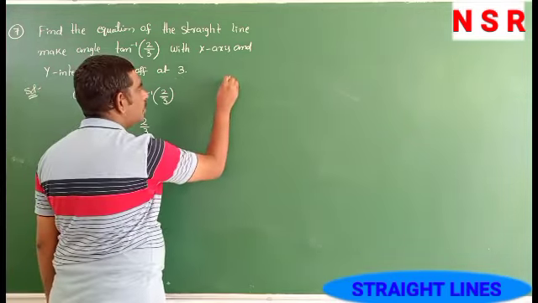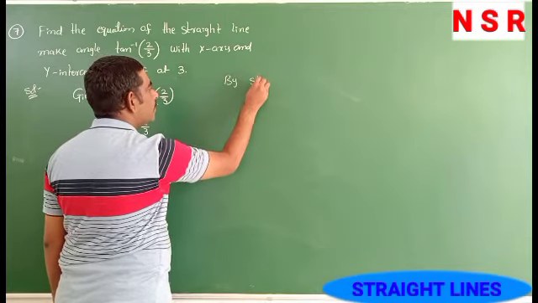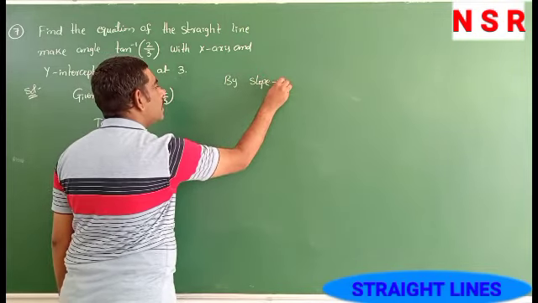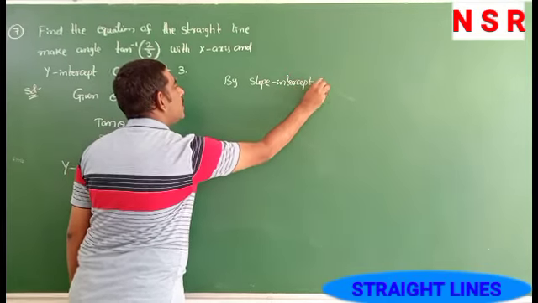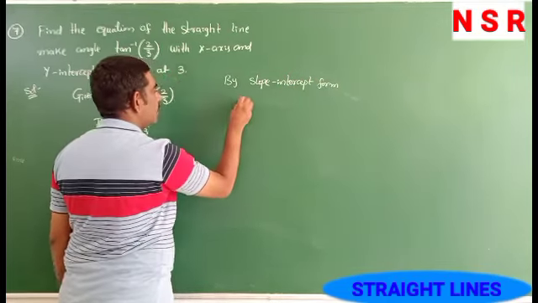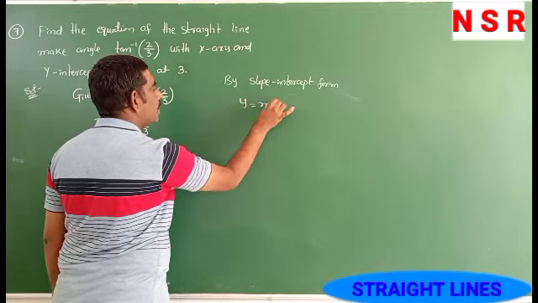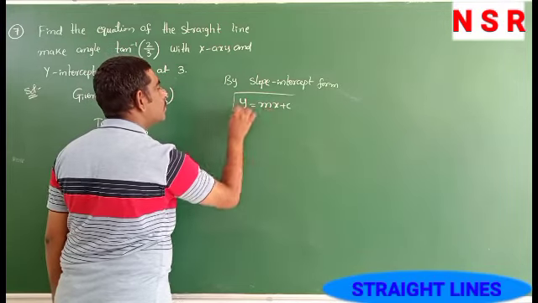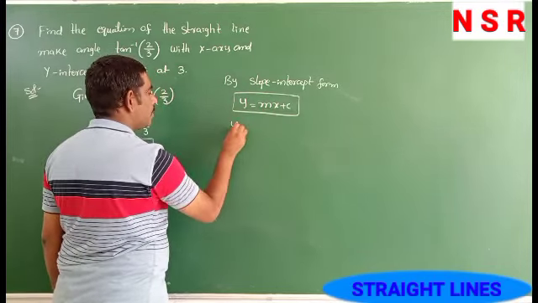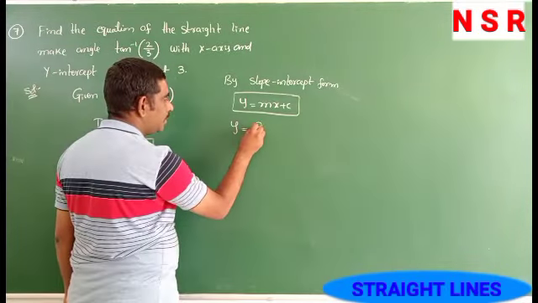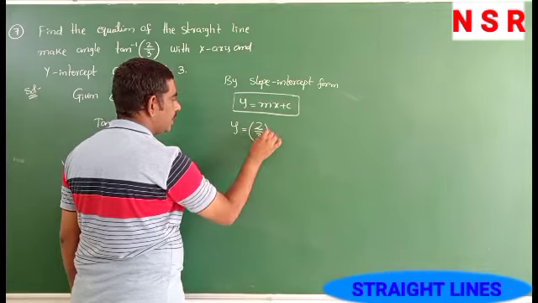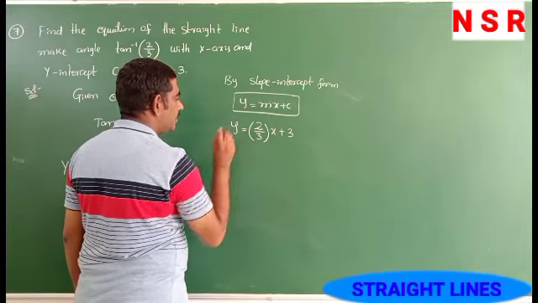By slope intercept form, we can write y is equal to mx plus c. So this is slope intercept form. So substitute here m value and c value. So m value 2 by 3 into x plus c value 3.